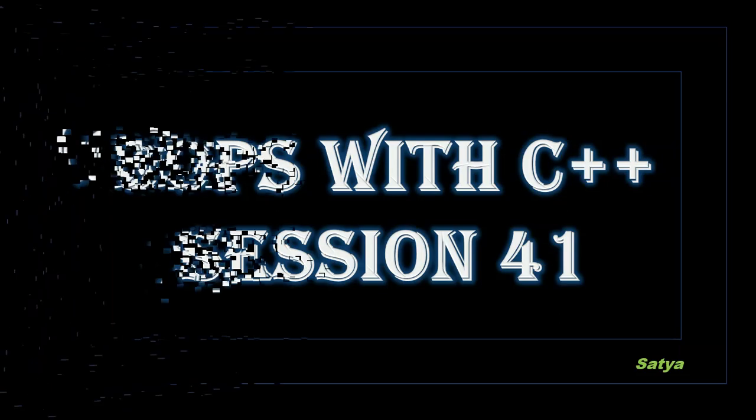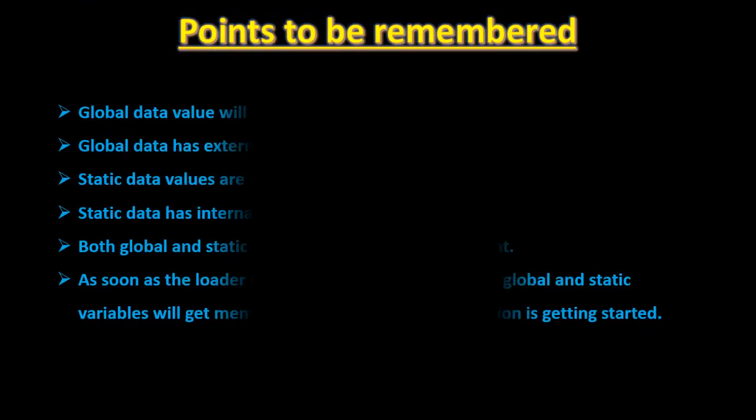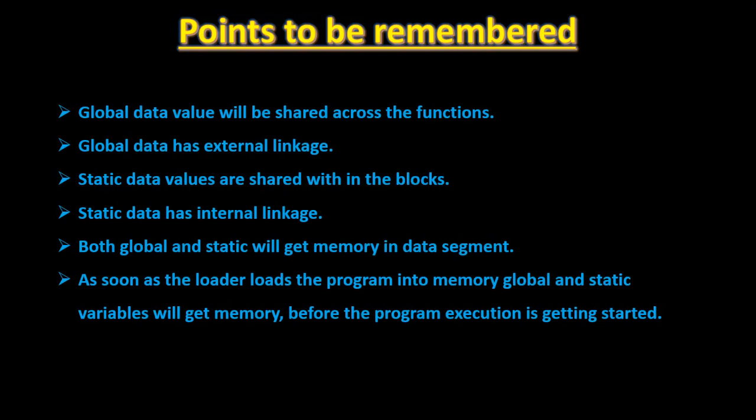So the key points you have to remember: global data will be shared across the functions, and global data has external linkage. But static data values are shared within the blocks. I have declared one static data member inside the constructor, so I can access that within the constructor only, but I cannot access it in get c1 count, get c2 count, and so on.